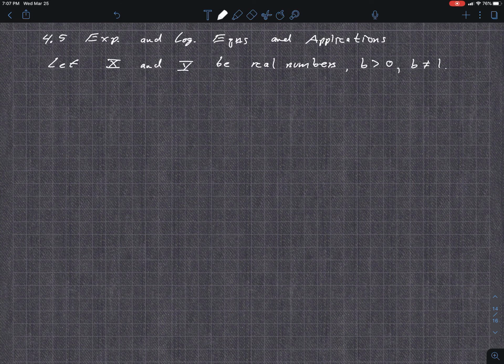So if you have similar bases, b to the x equal to b to the y, then that is equivalent to x equals y. If you have the same bases, then you set the exponents equal. So that's the concept.